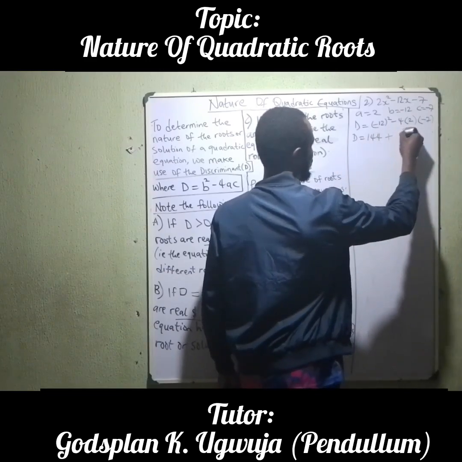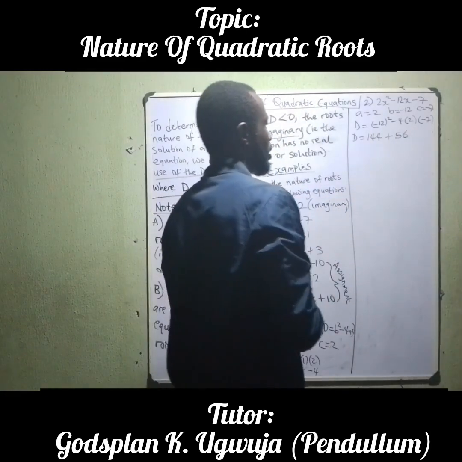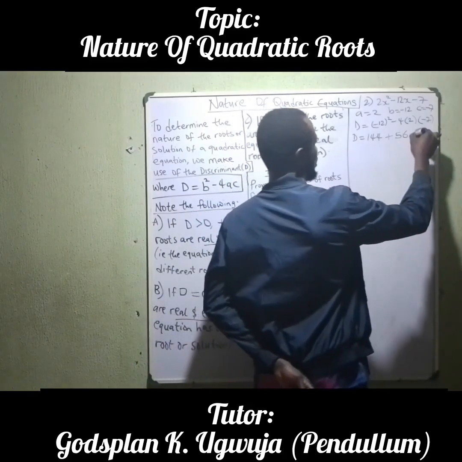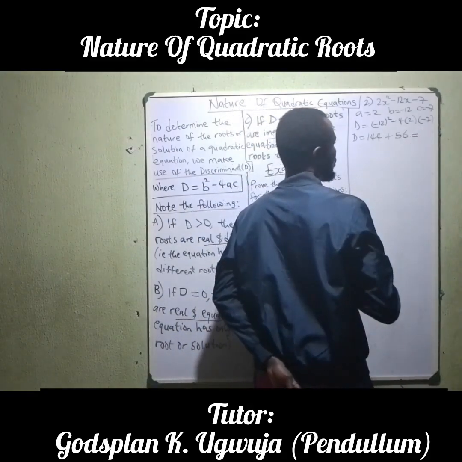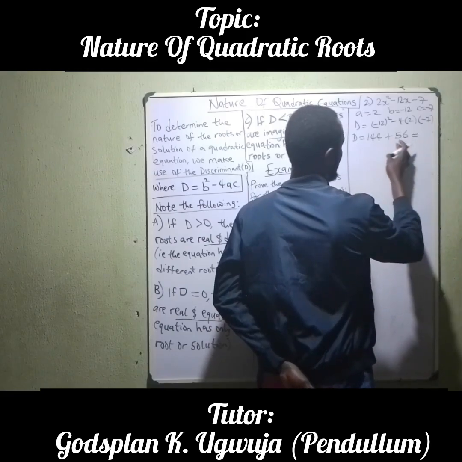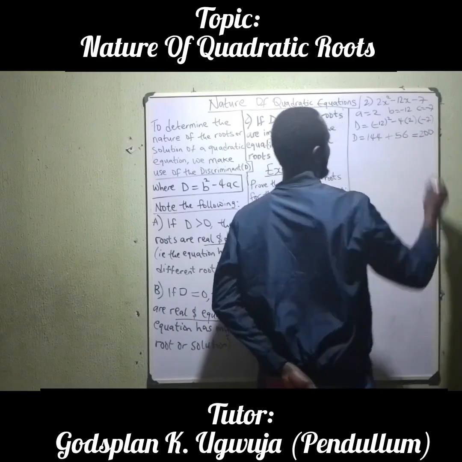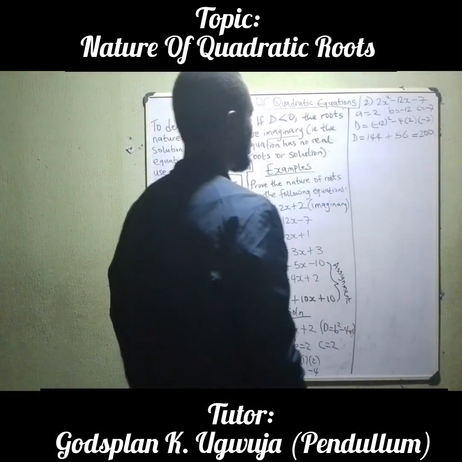I think 8 times 7 should be 56. Now if you add these two, you get 144 plus 56. I think this should be 200, right? Yes, this should be 200.